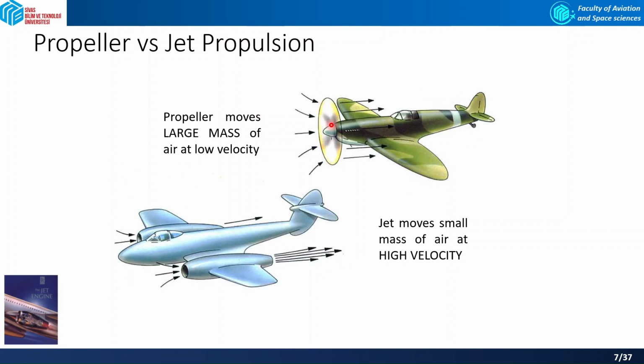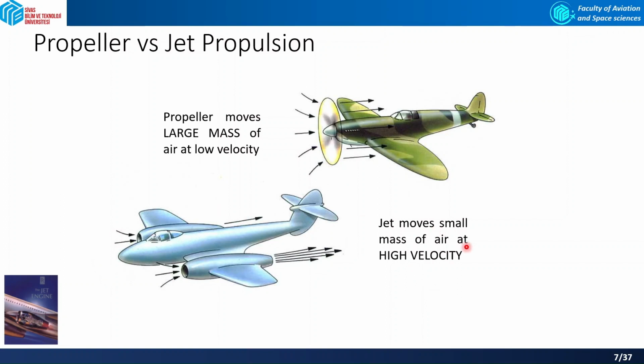That's what we call the change of momentum of air. So the change of momentum, which is the mass flow rate times the velocity of the air, will still be some value that will generate the thrust force for us in propeller engines.